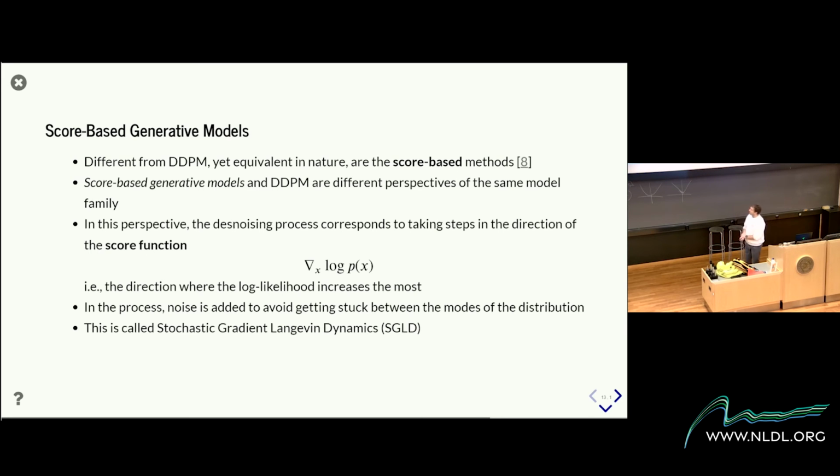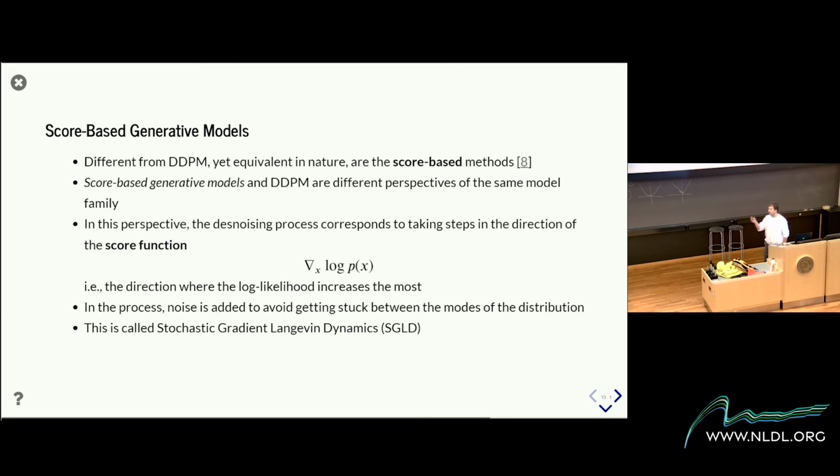In the perspective of the score-based methods, the denoising process corresponds to taking some steps in the direction of the score function, which is the gradient of the logarithm of p(x). Here p(x) is the distribution of our data, and basically this means that we are taking some steps toward the part of the distribution that is steeper, or has the higher modes.